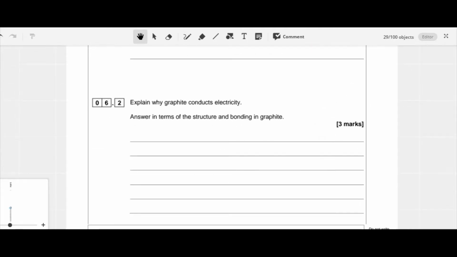Now question number 6.2 is a very important question. Explain why graphite conducts electricity. Answer in terms of structure and bonding in graphite.